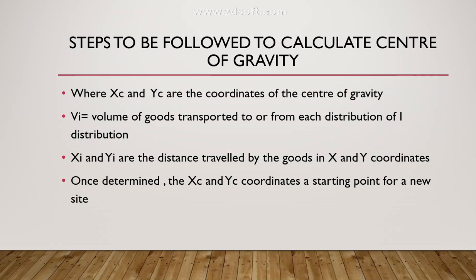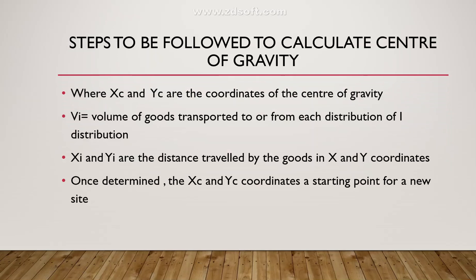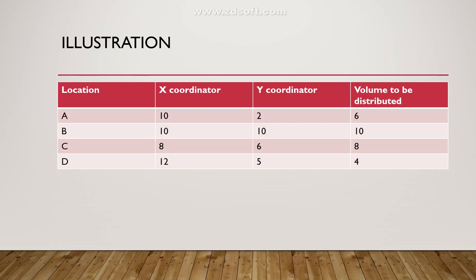Let's understand this with the help of this table. We have 4 different locations A, B, C and D. The X coordinates are 10, 10, 8, 12 and the Y coordinates are 2, 10, 6, 5 respectively.